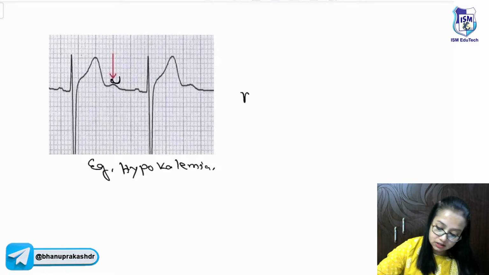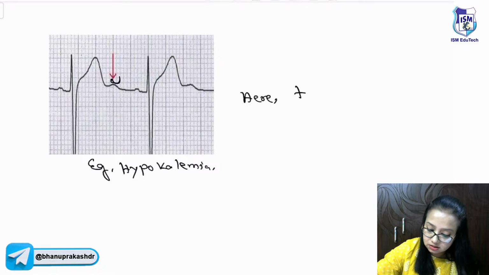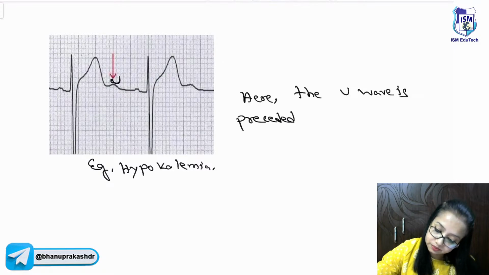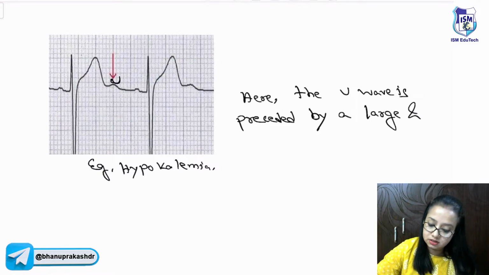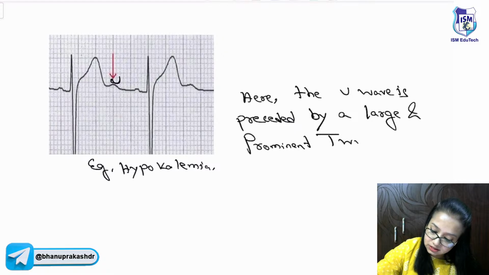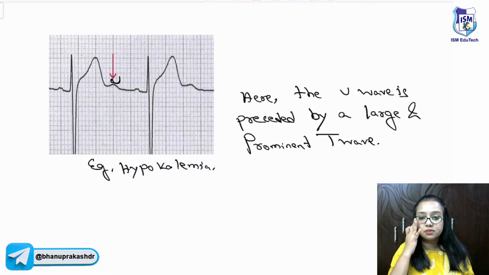Now, here the U wave is preceded by a large and prominent T wave. Okay.